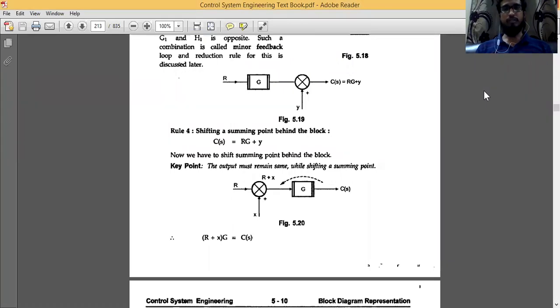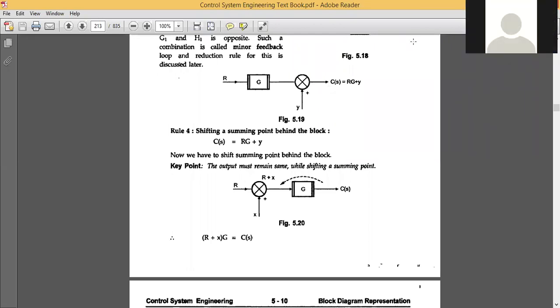Behind the block means before the block, that is, before this point. Beyond the block means after the block. This is how we differentiate the two words. You can also look at the different words in the textbooks.